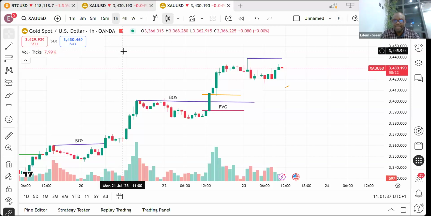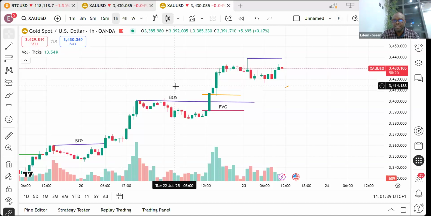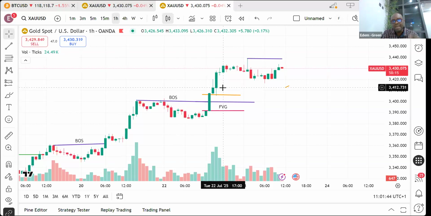All right, so what I said about an invalidated fair value gap is this. A fair value gap gives you a direction: this is where the market will definitely come to again before it continues its direction. So we are considering an upward trend.